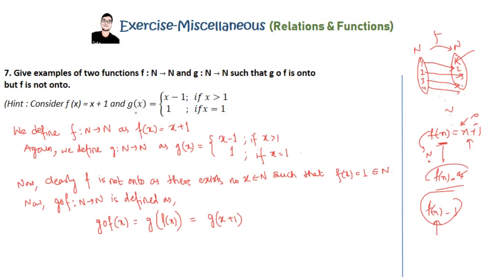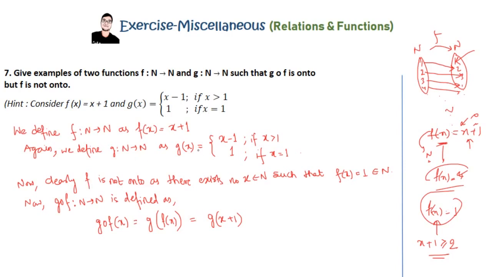Check it out that x plus 1 is always greater than or equal to 2. x plus 1 is never 1, so it will just open with x minus 1, because x plus 1 is never equal to 1, it is always greater than or equal to 2, for the same reason why f is not onto.